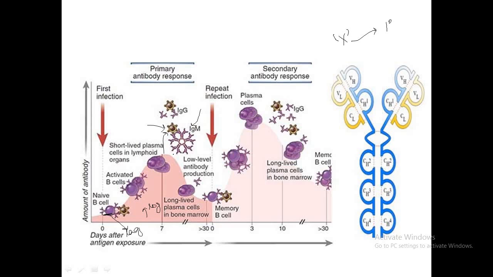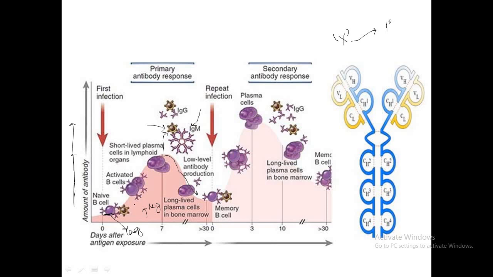Once this IgM pentameric complex binds antigen, they will start getting removed from our body. Both this antigen-antibody complex will be removed from our body, and in this case you will see the decline phase. That means the concentration of antibody is decreasing, because both antigen and antibody are getting removed from our body. This axis denotes the concentration of antibody, so going towards the upper side indicates that the concentration of antibody is increasing.